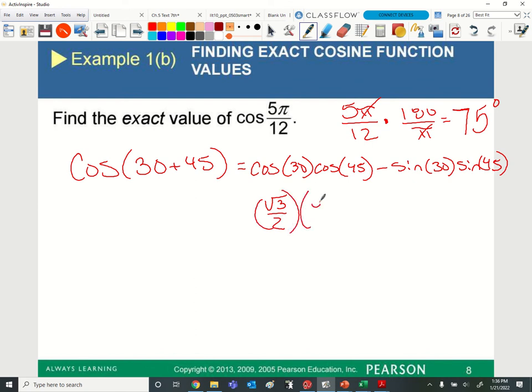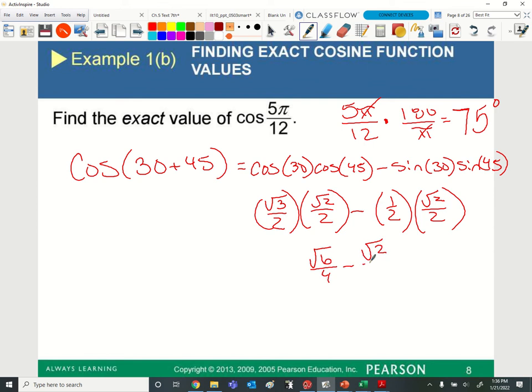Cosine at 45 is rad 2 over 2 minus sine of 30, which is going to be 1/2, times sine of 45 is going to be rad 2 over 2. And when I multiply them together, I get rad 6 over 4 minus rad 2 over 4. And as I put them together, I get rad 6 minus rad 2 all over 4.